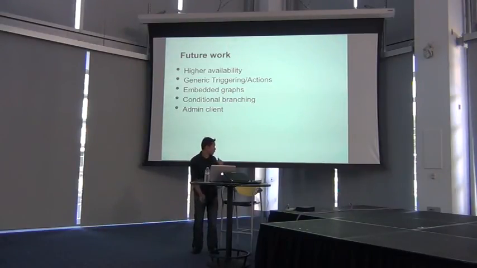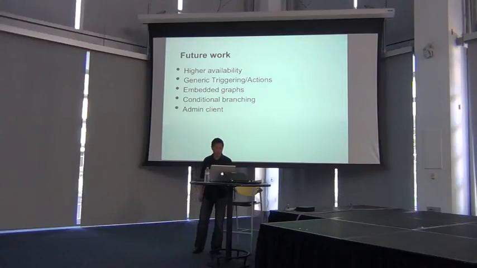One of the things we absolutely want to do is have an admin client, which will allow us to monitor and maintain Azkaban a little easier. And hopefully a good number of these features, like the generic triggering, embedded graphs, and conditional branching, as well as the reportal system, will be available in the next version of Azkaban, which will come out sometime next month.